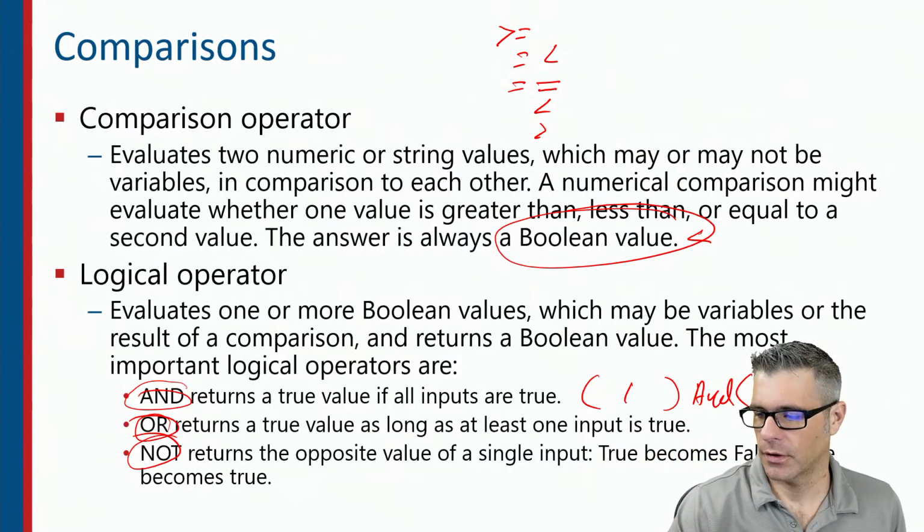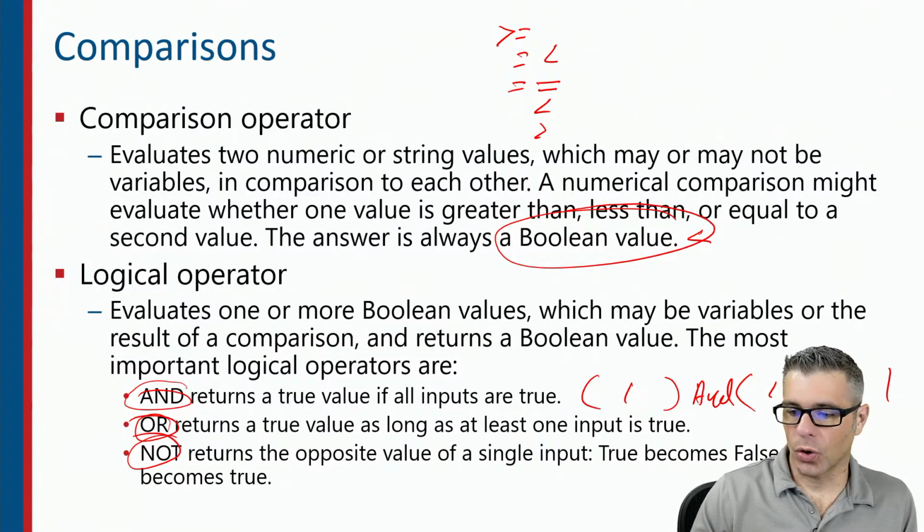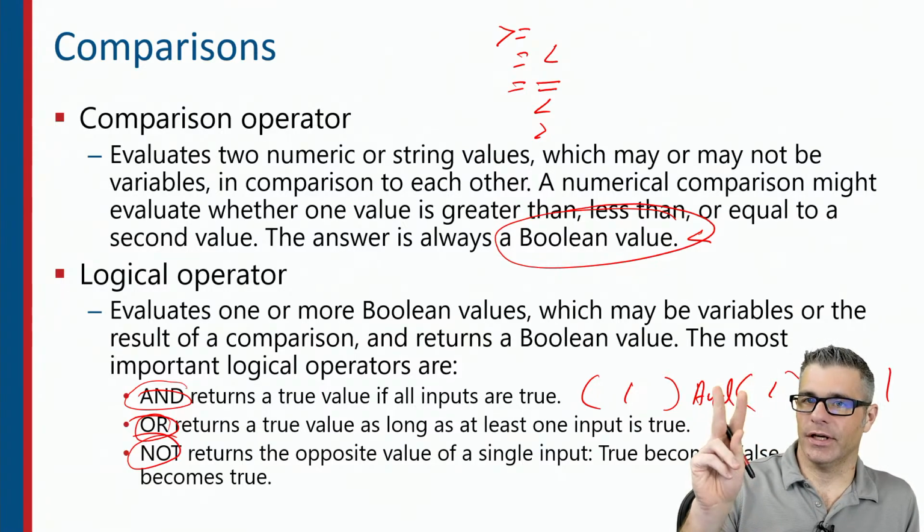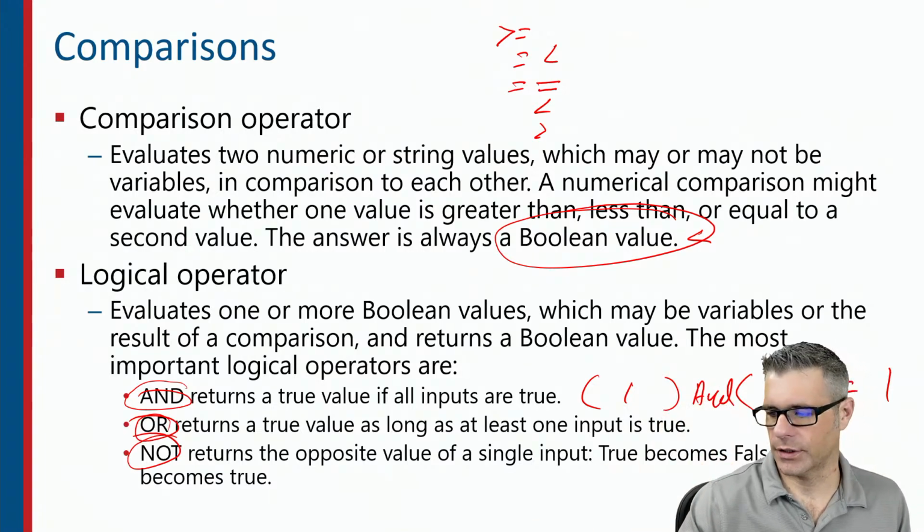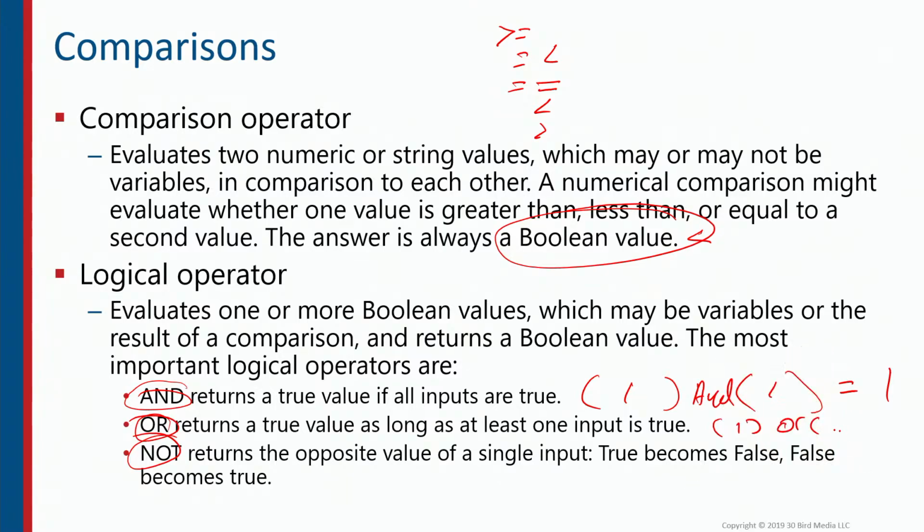If they're both true, it equals true. OR is if one or the other is true. So if that one's 1 and that one's 0, then it equals true. However, if they were both false, it would be false.